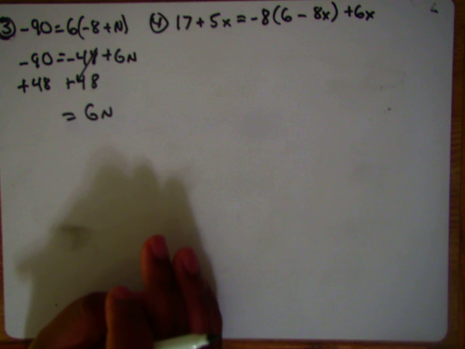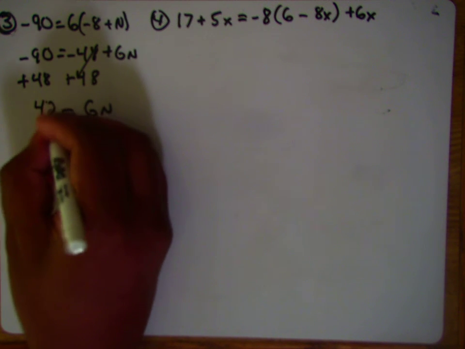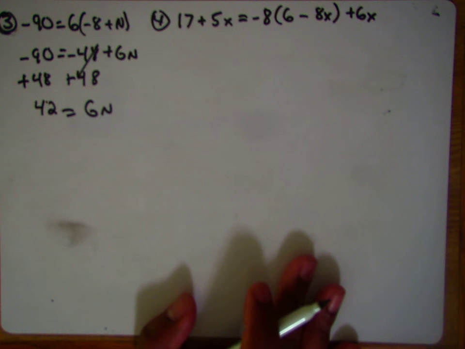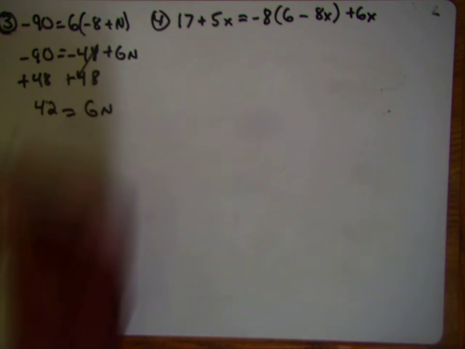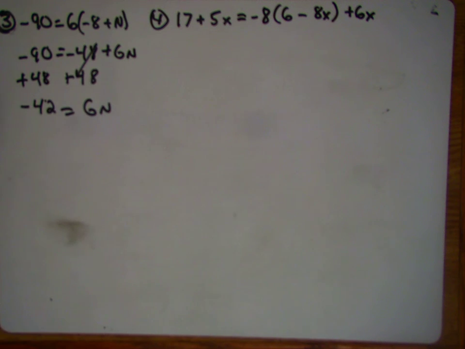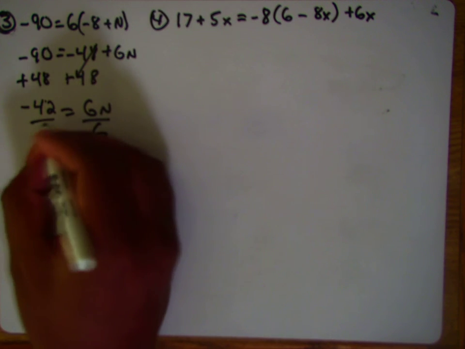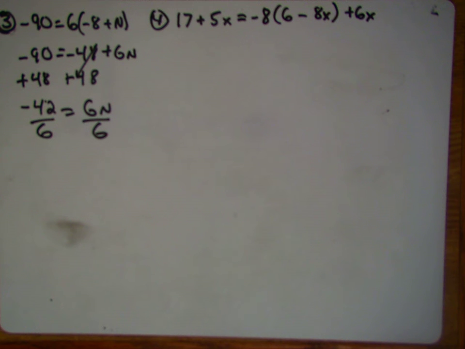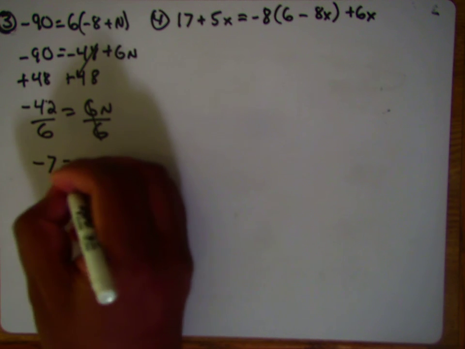Negative 90 and 48 gives 42. And that's going to be negative because our 90 is bigger, or bigger absolute value. And then finally, we're going to go ahead and divide by 6. Sixes will cancel out, leaving us with negative 7 is equal to n.